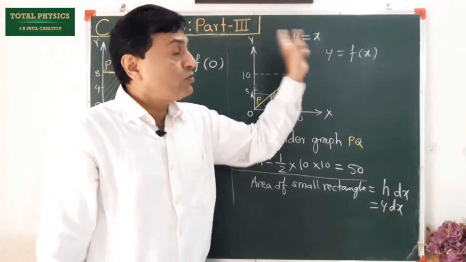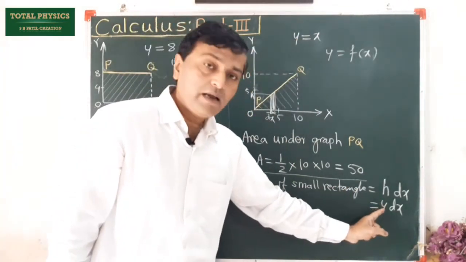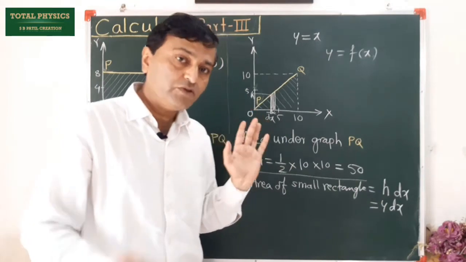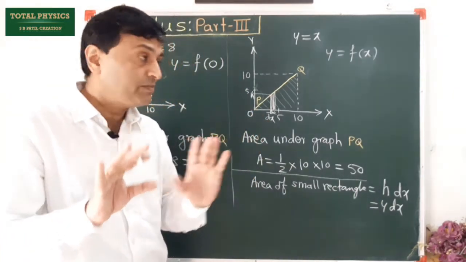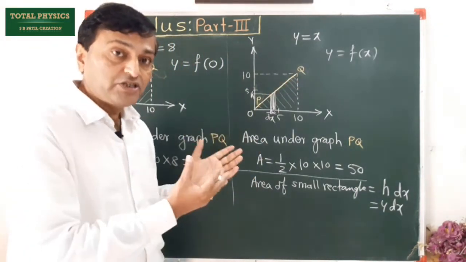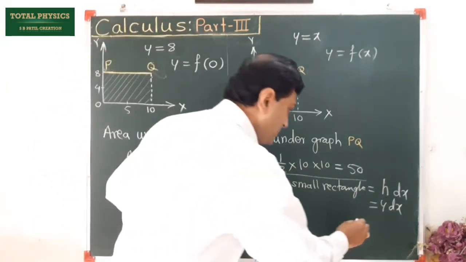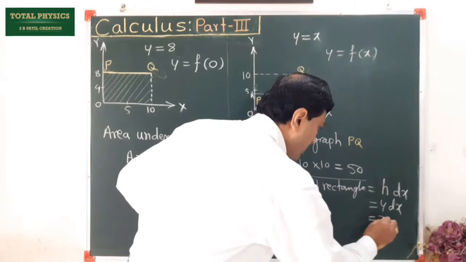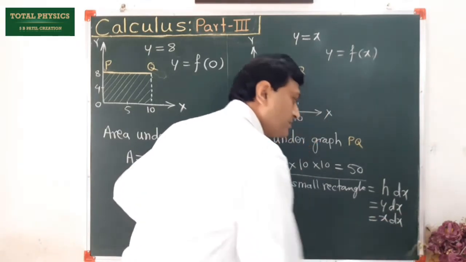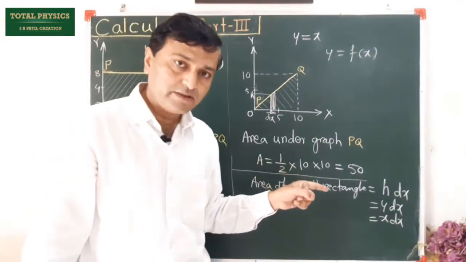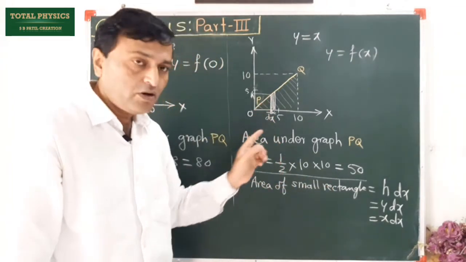Then y is equal to x, remember, because its equation is y is equal to x, you can replace the value, means it will become x into dx. See, x into dx, this is the area of the small rectangle.